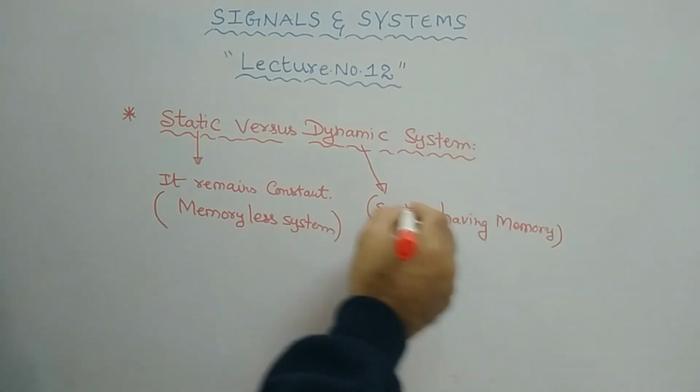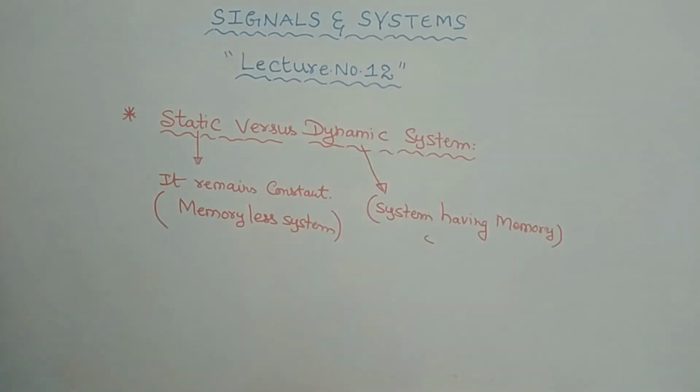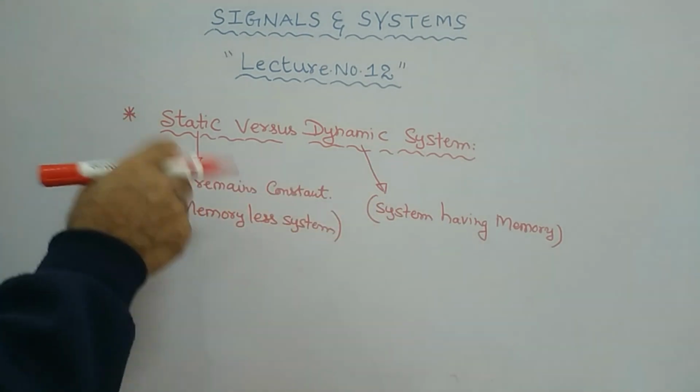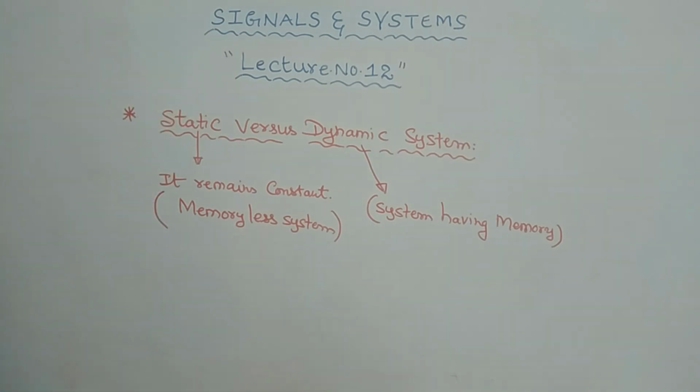Dynamic systems are called systems having memory, whereas static systems are called systems with no memory or memoryless systems. Right? Then what is the actual definition of this?